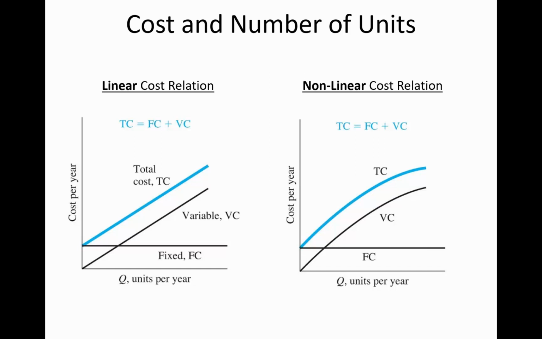In reality, you can get bulk discounts. Like if you buy flour by the bag, then you may pay $1 per pound. But if you buy flour by a rail car, which is maybe 220,000 pounds of flour at once, then probably you're going to get a lower per unit cost.